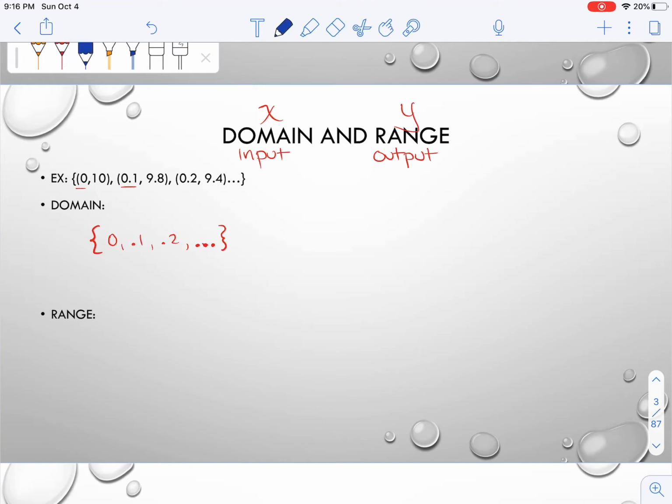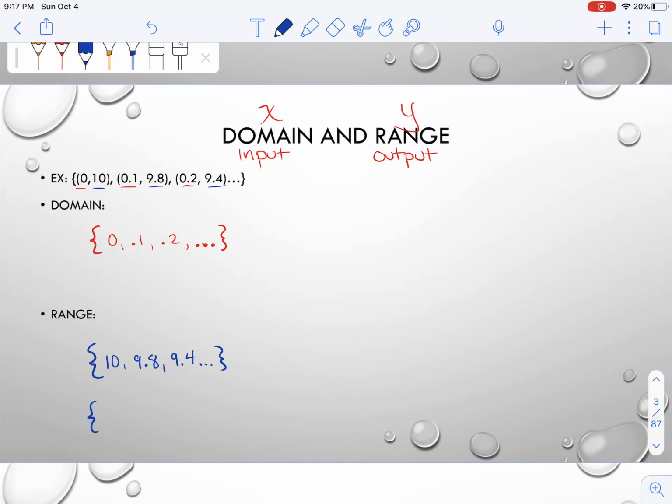For a range, then, I'm looking at my y values or the outputs. So for the range, then, we have 10, 9.8, and 9.4. Now, typically when we write domain and range, especially when we're listing out values, they don't necessarily have to come in the order that they appear like I did here. They actually should come in the order from least to greatest.